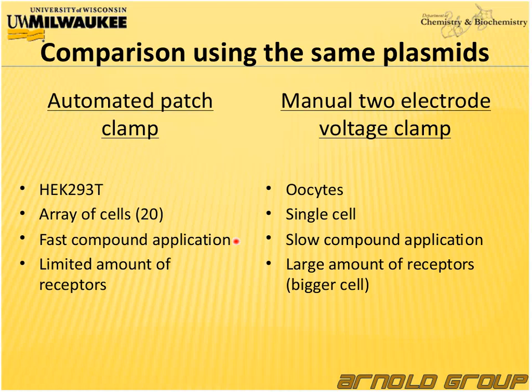We have a fast compound application, but a relatively limited amount of receptors regarding the size of our cells. In comparison with the manual assay, which uses oocytes, and this is a single cell assay, we have a manual compound application, but we expect that we have a larger amount of receptors because these cells are bigger than the HEK293 T cells.